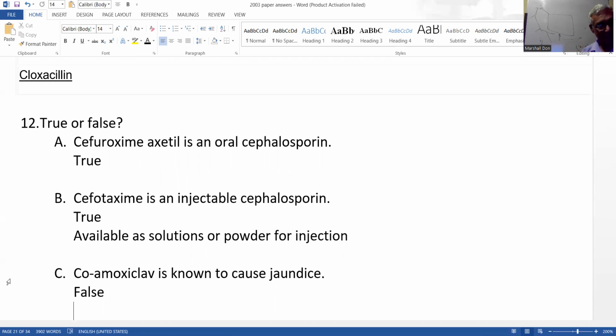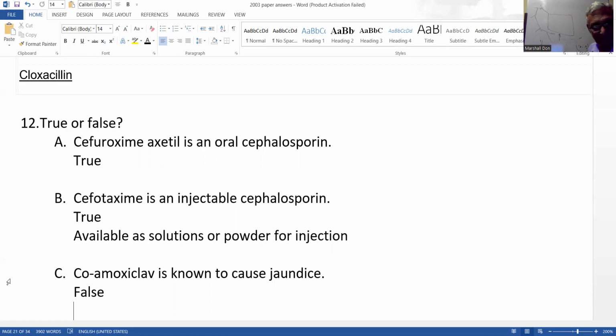When we take cefuroxime axetil, the ester is broken down, hydrolyzed, and cefuroxime is released to the blood. So cefuroxime axetil is the oral preparation, and cefuroxime is released in the liver after the axetil part goes out by hydrolysis.